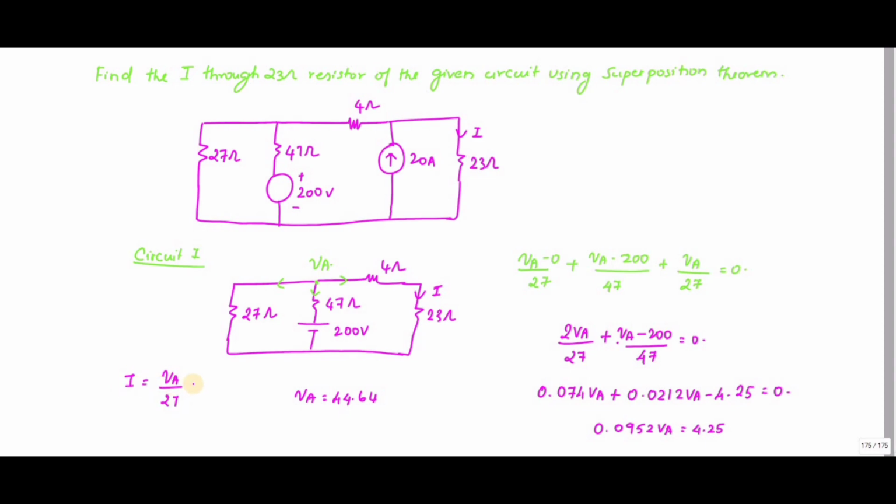So 44.64 divided by 27 is 1.65. So this current is nothing but 1.65 amps.